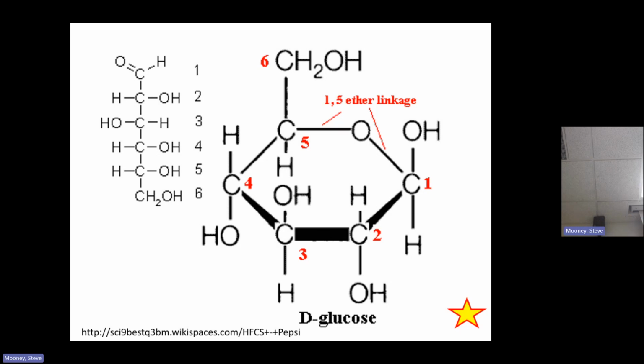So the 1 carbon reaches around to the 5th carbon to close that ring. So we have an oxygen in that ring through what's called an ester linkage. We don't really need to worry about that too much. But glucose, 6 carbons is where we want to focus.